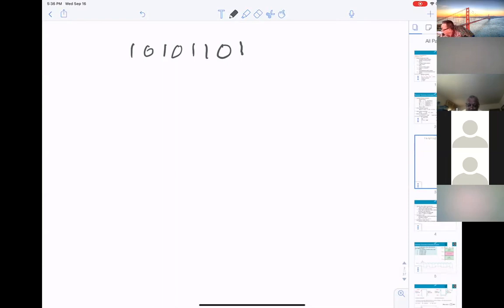So that will be 8 bits. That's why you can see in your computer, how many bits? You can see they say 64, 32. That means how many bits?